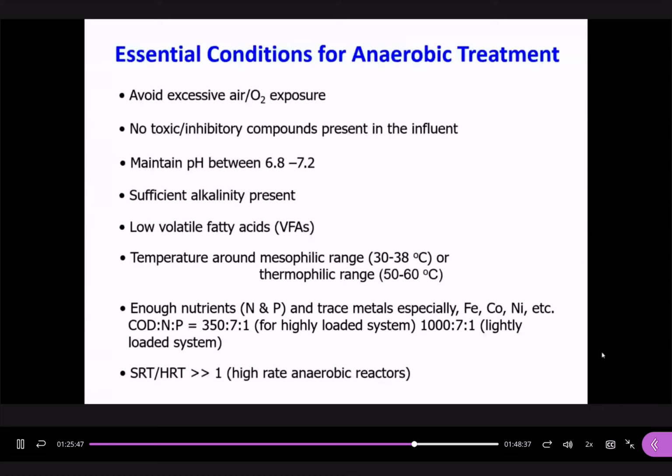What is alkalinity? If you cannot answer this question, you should work it out. Low volatile fatty acids and a suitable temperature range. Of course, nutrients and trace metals, such as iron, cobalt, nickel, etc. And also operation time, SRT, HRT.